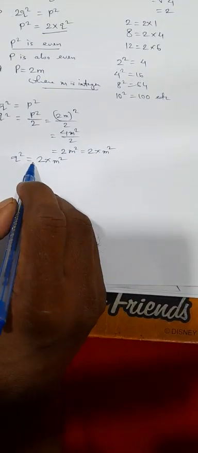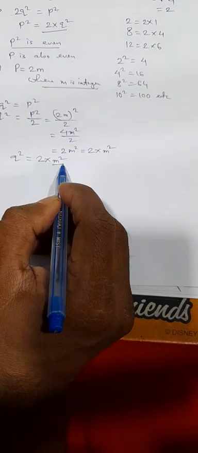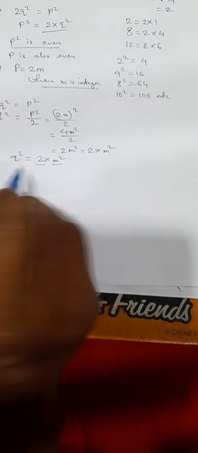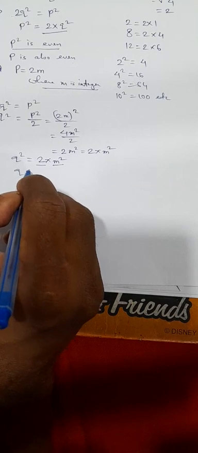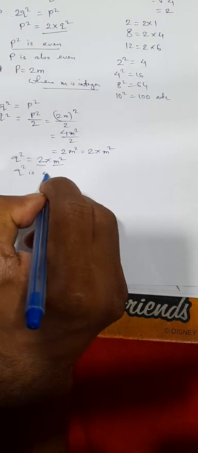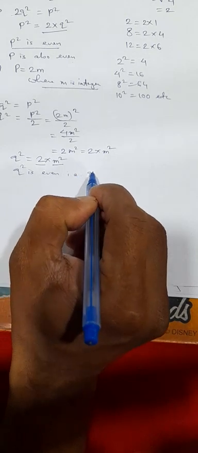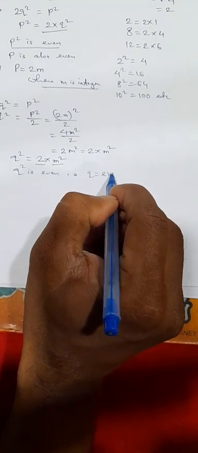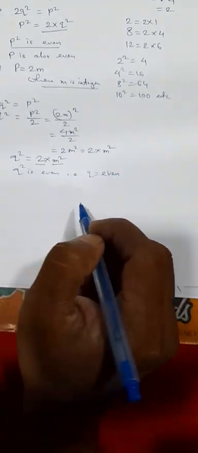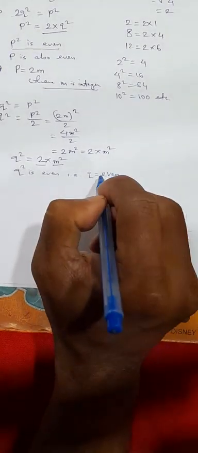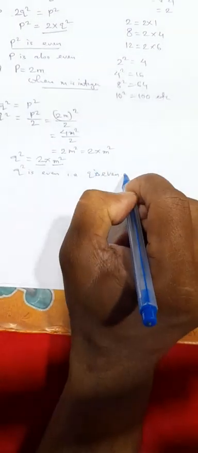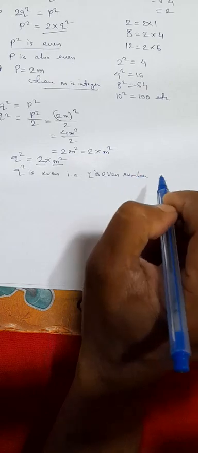Q square is a multiple of 2 and another number. So q square is even. That is, if q square is even, q is even. Q is an even number, which we already discussed earlier.